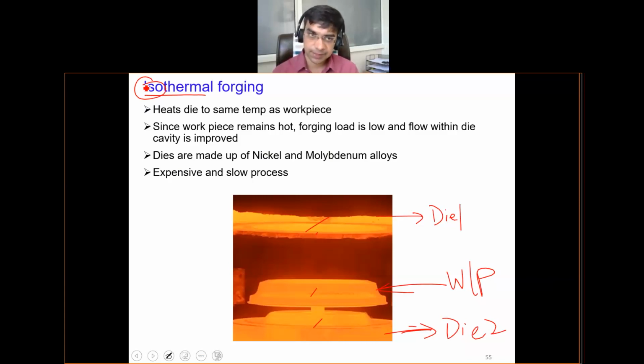This is a special forging process used only for high strength alloys like nickel and molybdenum alloys, which we have studied in the beginning, also known as super alloys. Because these materials are very difficult to deform with the conventional forging process, even with hot forging, what we do here is increase the temperature of the dies as well to the same level as the workpiece.